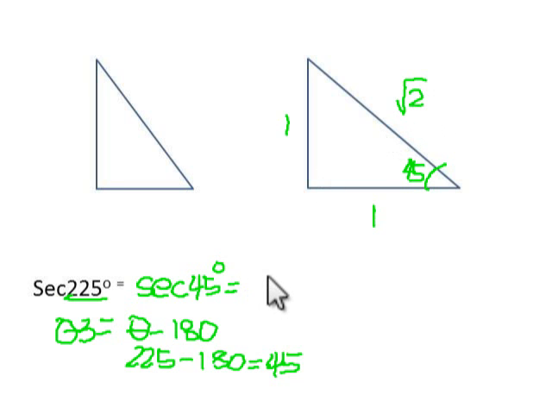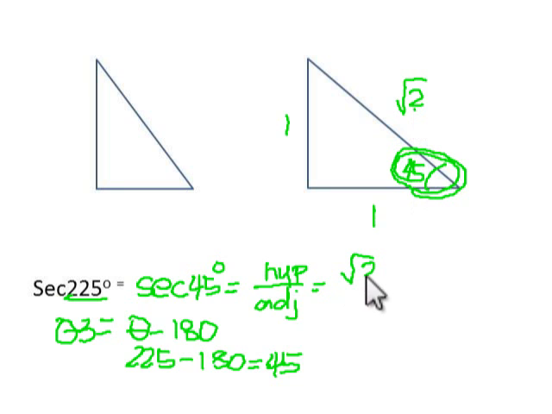So, ngayon, second, ang ratio niyan is hypotenuse over adjacent. So, titignan na natin ngayon ang ating angle. Ito ang ating 45. Nasaan dyan ang ating hypotenuse? Square root of 2. Nasaan dyan ang adjacent side? 1. So, that will be square root of 2 over 1.